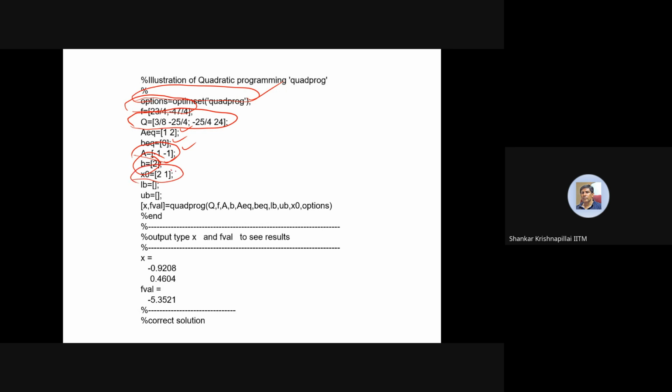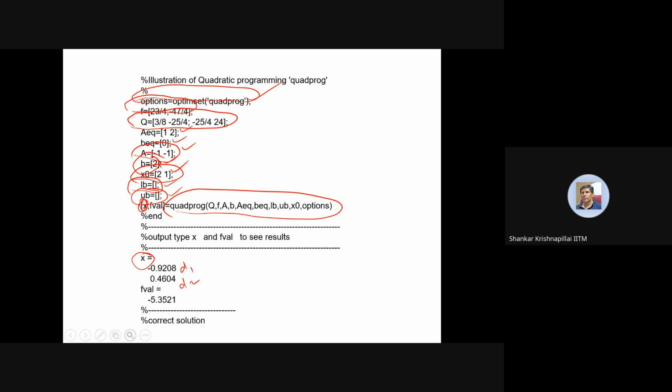Then the starting point is 2, 1. Then we don't know the lower bound, it is set to null. We don't know the upper bound, it is set to null. And then this program is called. And then if you ask it to type the value of x, okay, then it will give the values of D1, D2, which is exactly what we got in the lecture notes.